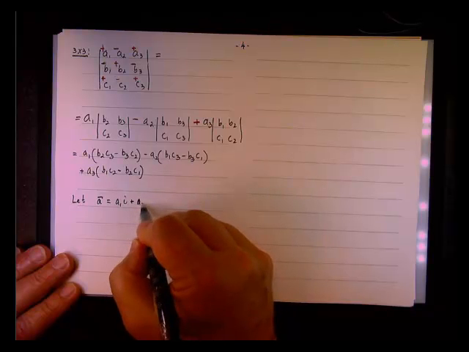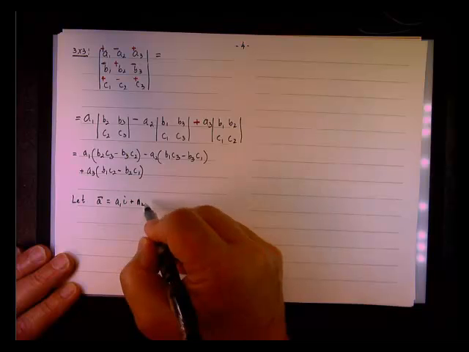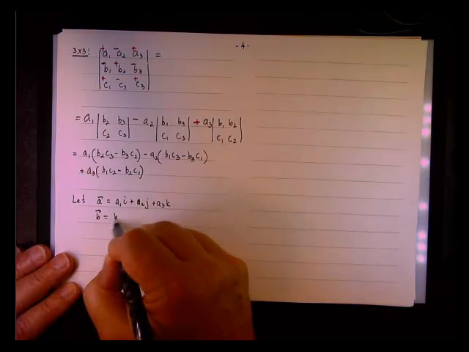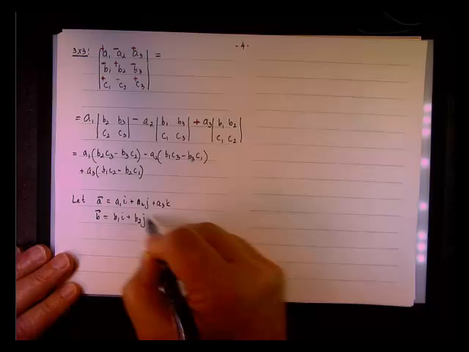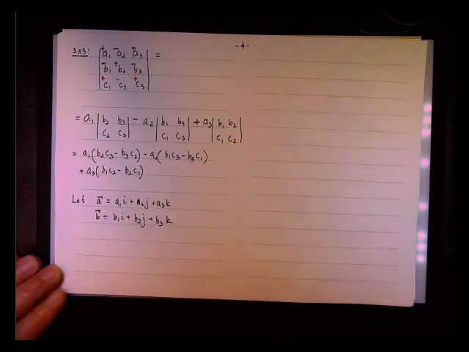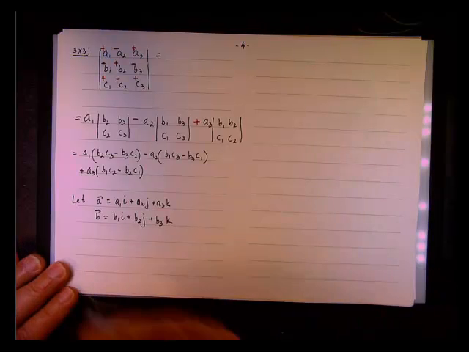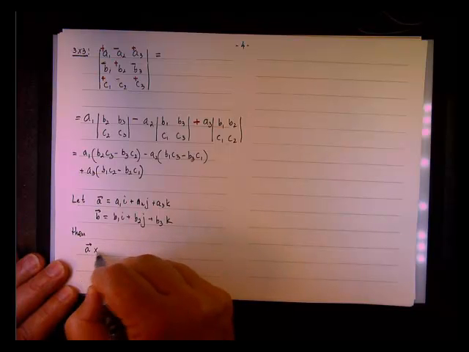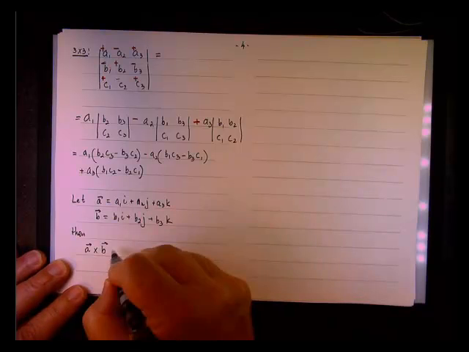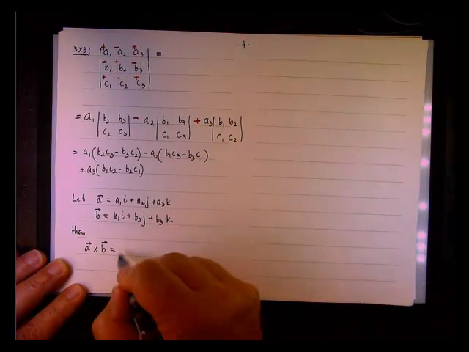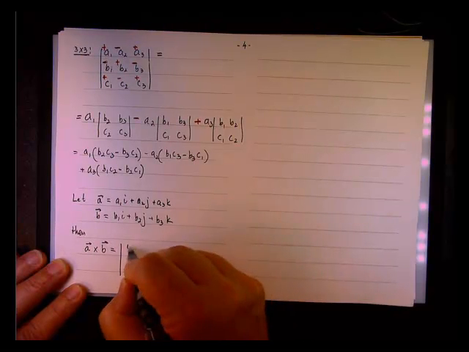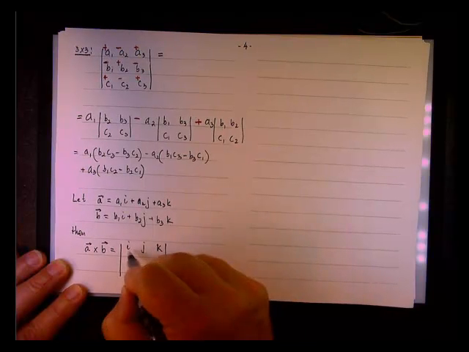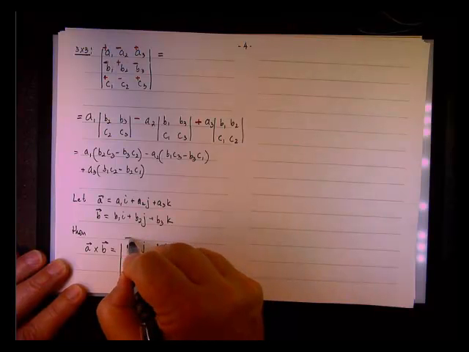We let vector A be A1 I plus A2 J plus A3 K, going back to the IJK notation, and of course vector B will be likewise B1 I plus B2 J plus B3 K. If we want to find the cross product, we're going to set up something similar to a determinant, but in a slightly different way.